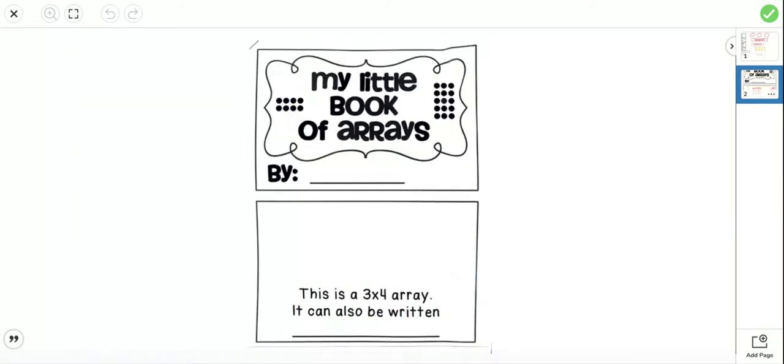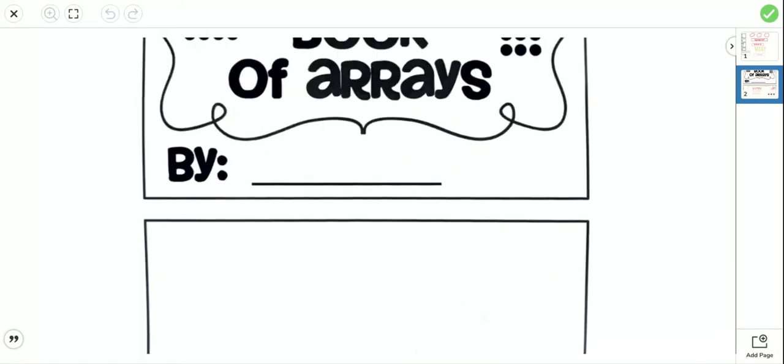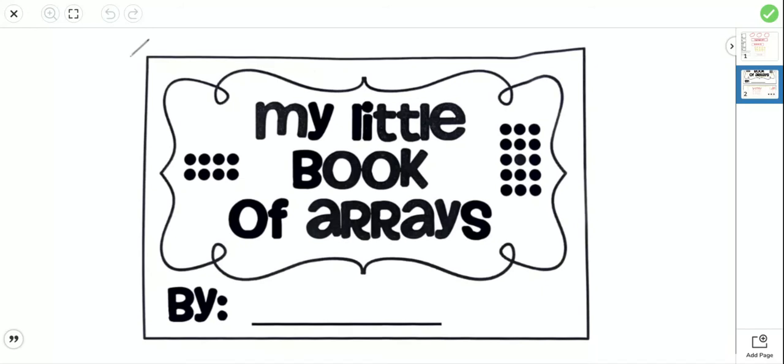So keeping in mind the 5 strategies we learned to show multiplication, you're going to use that knowledge to make your little book of arrays. So here's your cover. And remember, it is a little book of arrays. So, of course, one of the representations will be making arrays.